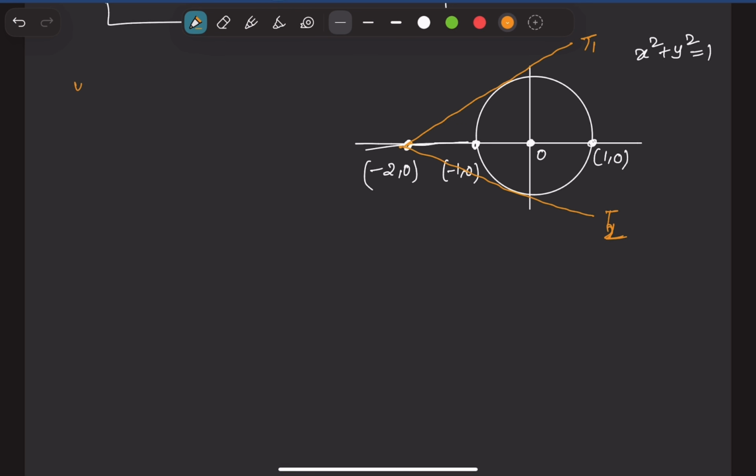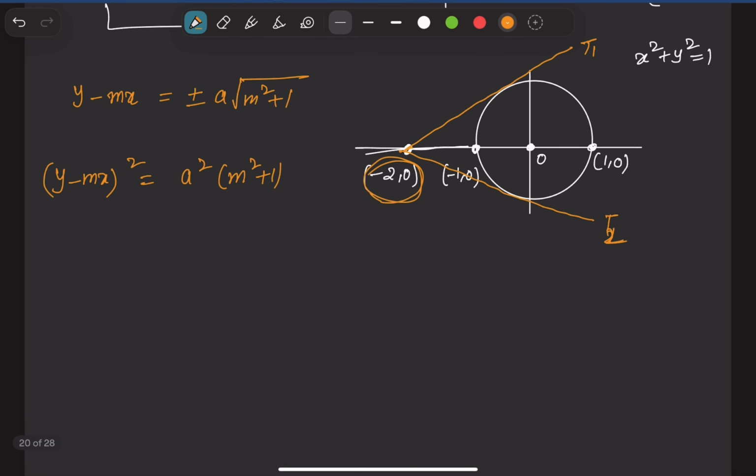So now you know the tangent equation. y minus mx equals plus or minus a into square root of m square plus 1. (y minus mx) whole square equals a square multiplied by m square plus 1. Now we have discussed that this point should satisfy this equation. So just substitute the coordinates.